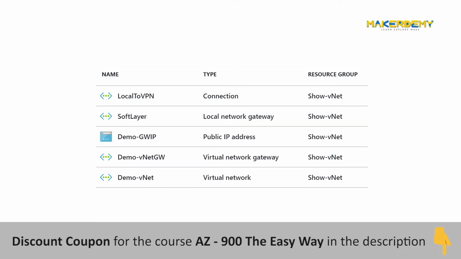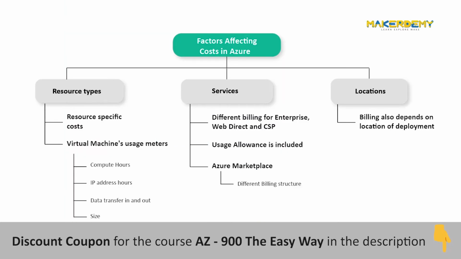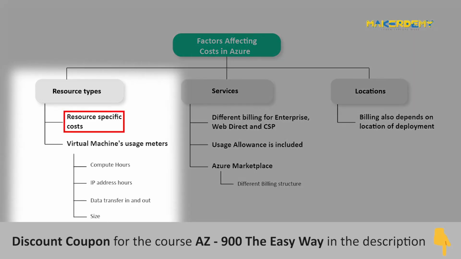In earlier demo videos, we have seen that many other meter instances are also deployed when we create a resource like virtual machine. All of them contribute to the bill, which is obtained at the end of the month. Let us now take a look at all the factors affecting costs in Azure. Resource types. The costs are resource specific.